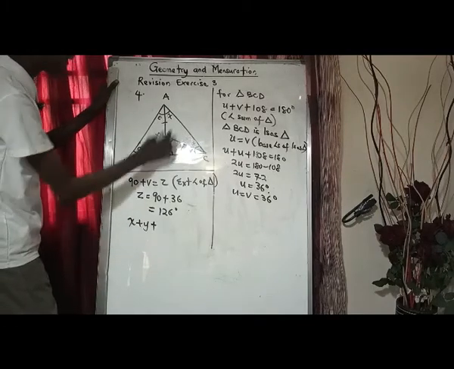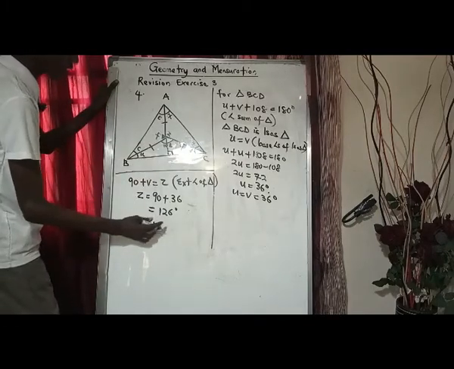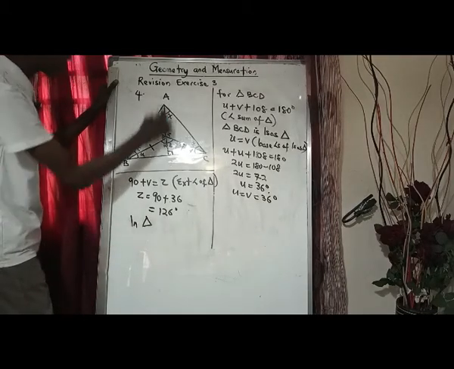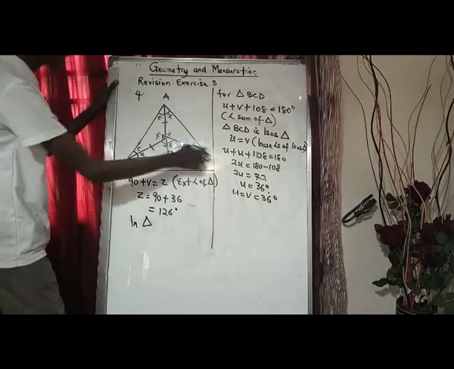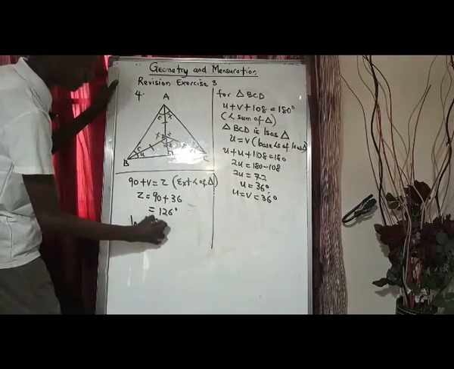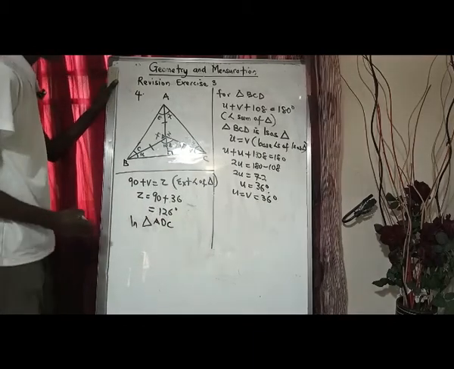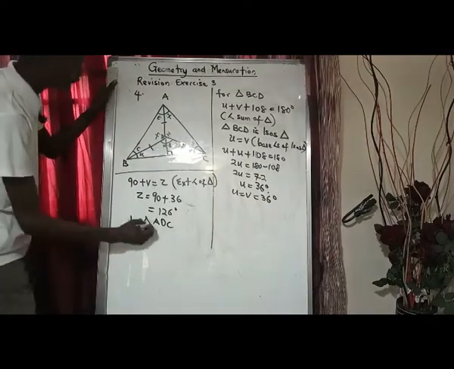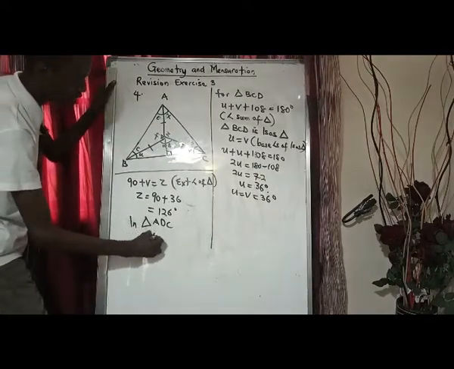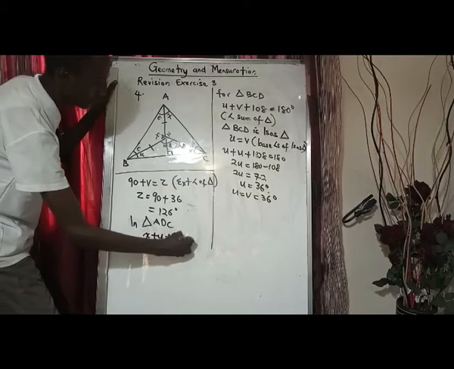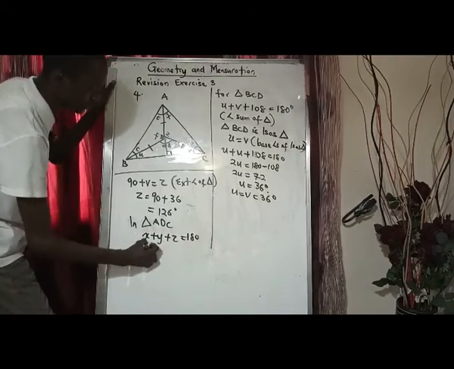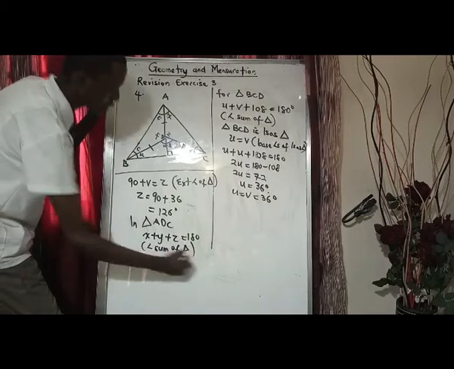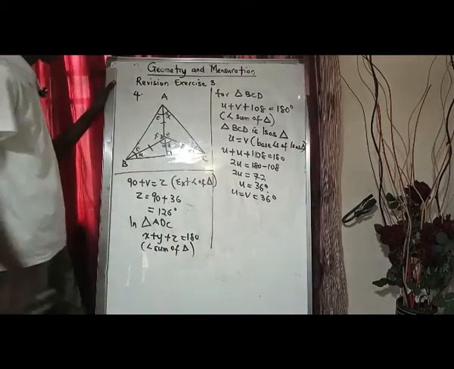Maybe we should start by saying in triangle ADC, I will have that X plus Y plus Z is equal to 180 degrees. What's the reason for that? Angle sum of triangle. The angle sum of triangle will give me that.